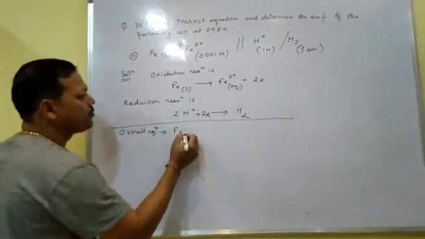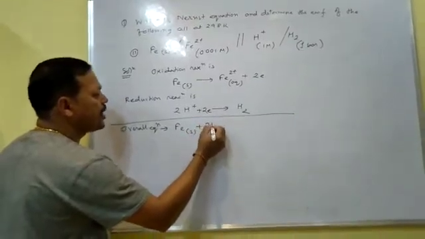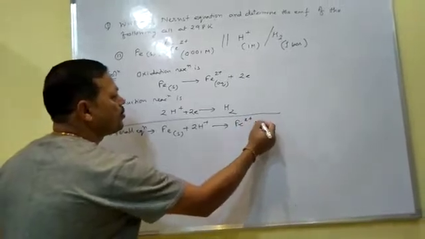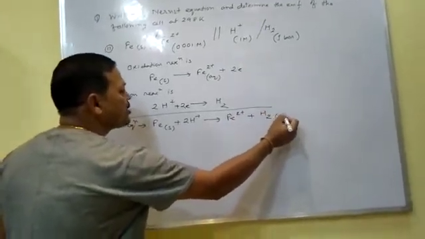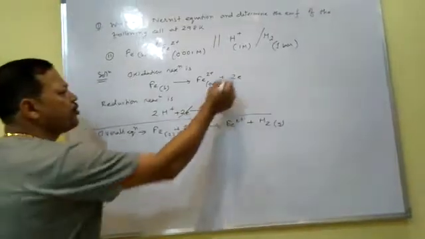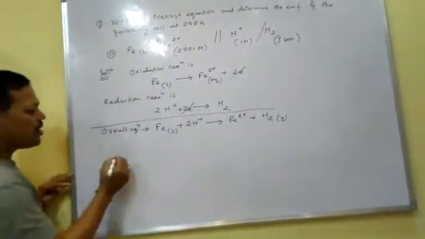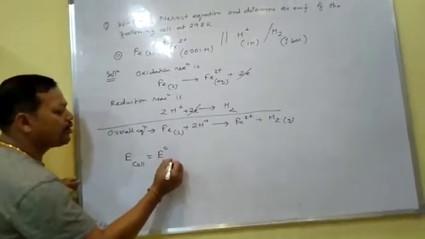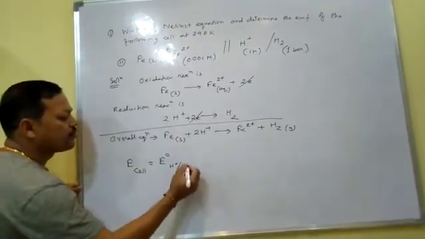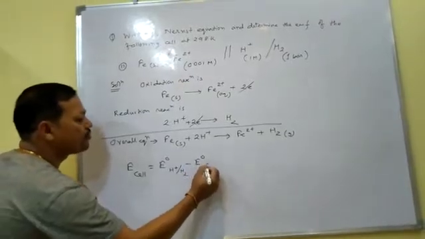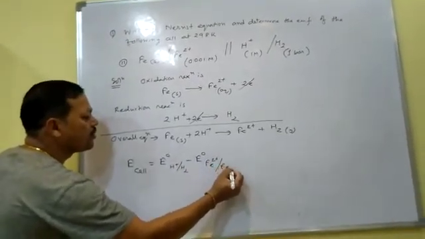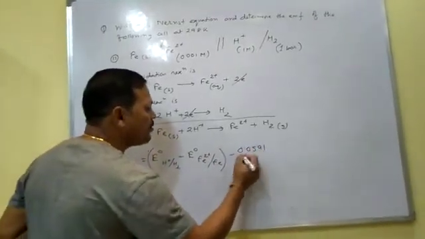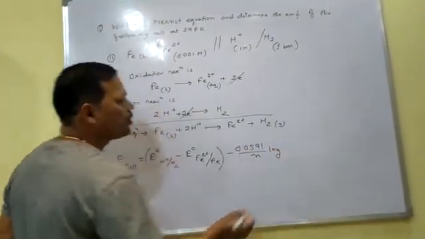Iron solid plus twice H plus aqueous gives Fe2 plus and hydrogen gas. Electrons will be cancelled. So the Nernst equation: EMF, E cell, is equal to E naught of cathode, hydrogen, minus E naught of iron, I mean cathode minus anode, minus 0.0591 divided by n, log of the product ions.